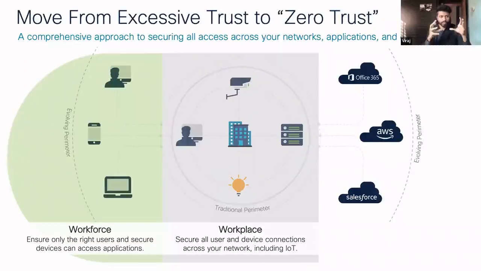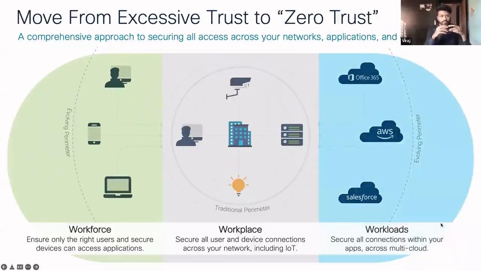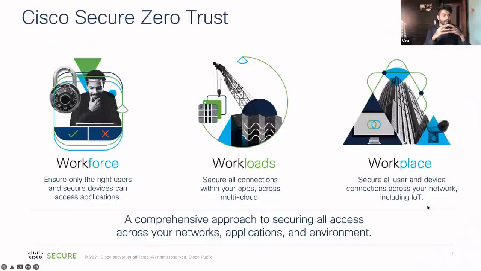Your internal files are located there, your policies are located there, and stuff like that, right? And the last aspect of it, of course, is cloud. That's where your applications hosted on the cloud are located, right? So this is the segregation that we call zero trust, which is workforce, workplace, and workload, right?